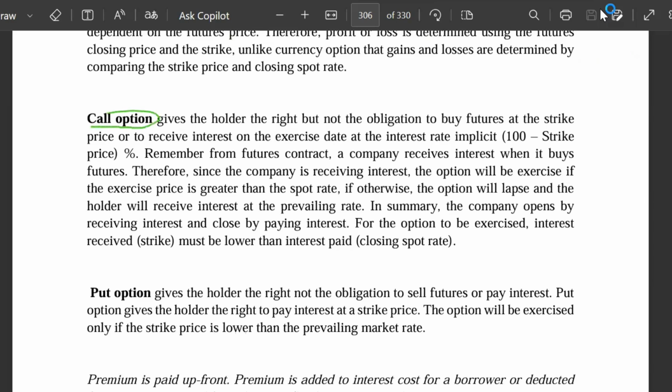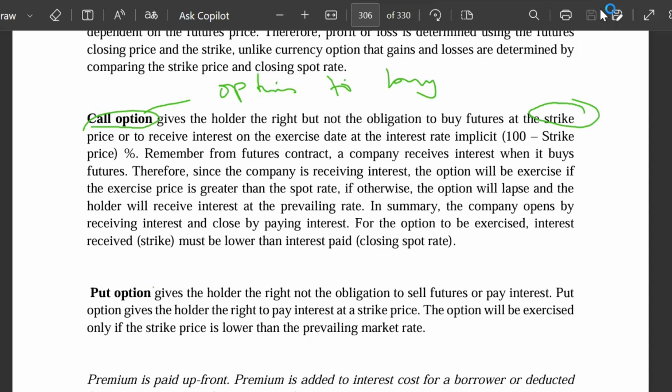The call option, simply put, is the option to buy futures. It gives the holder the right but not the obligation to buy futures at the strike price, or to receive interest on the exercise date at the implied interest rate.